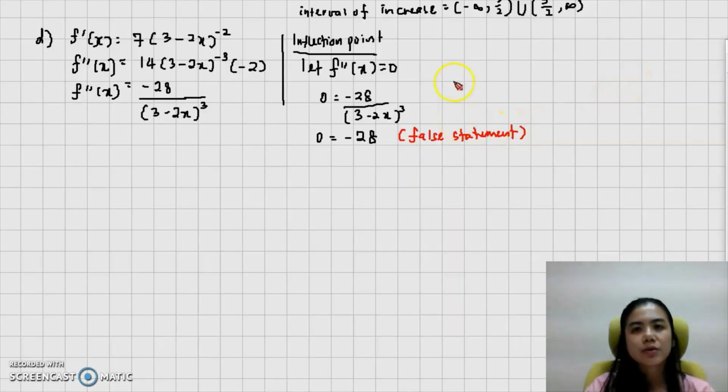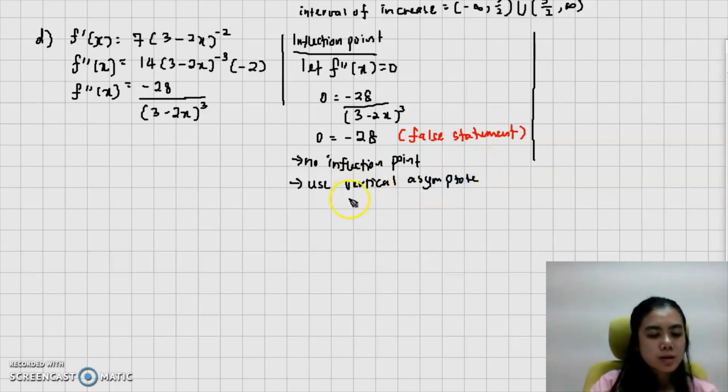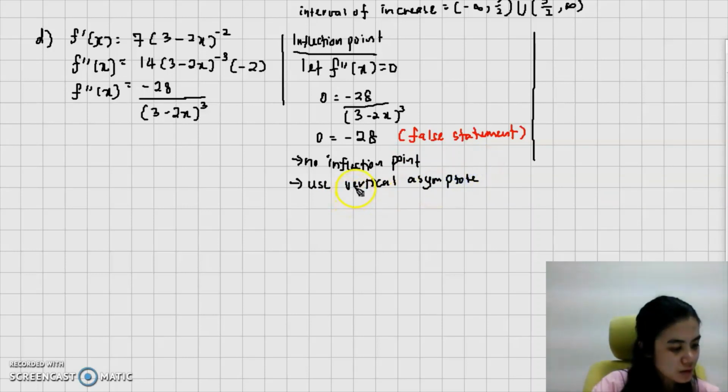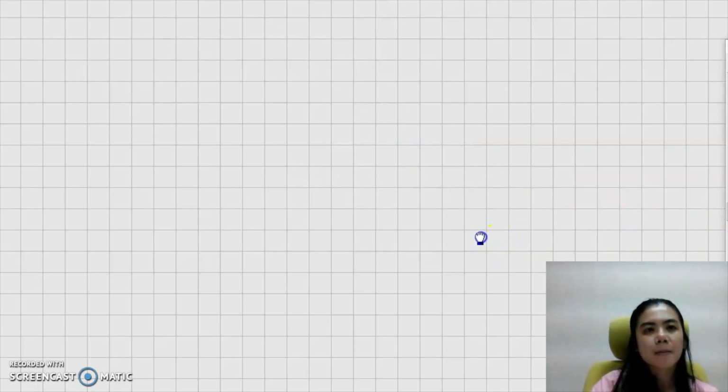Since you have no inflection point, you have to use your vertical asymptote. What's your vertical asymptote? That is x equal to 3/2, which we use to build the table.